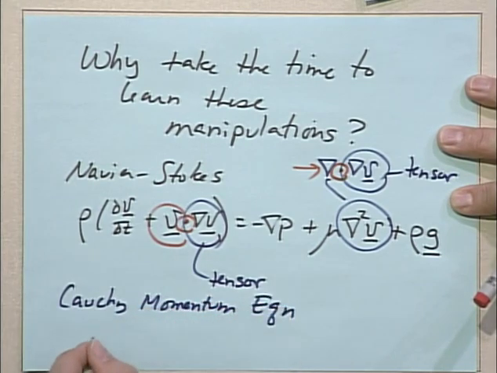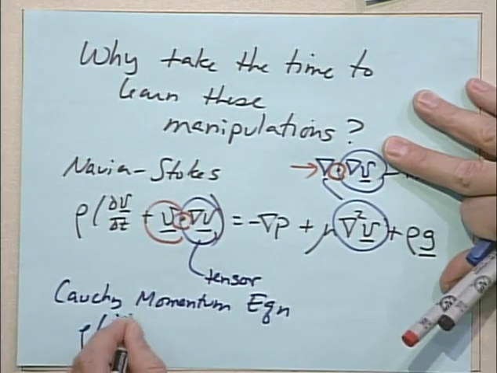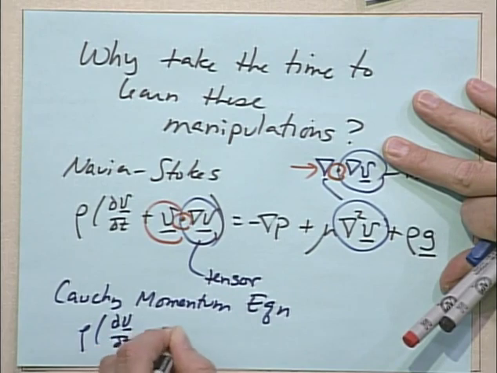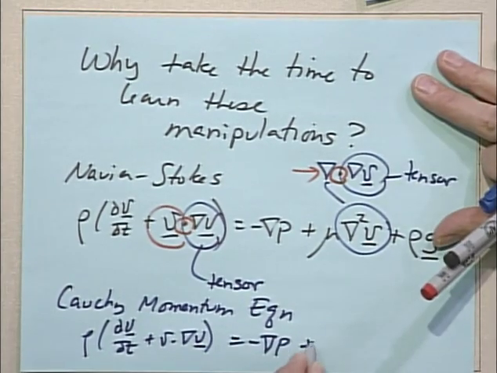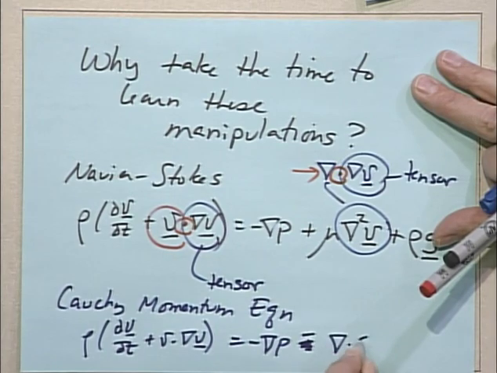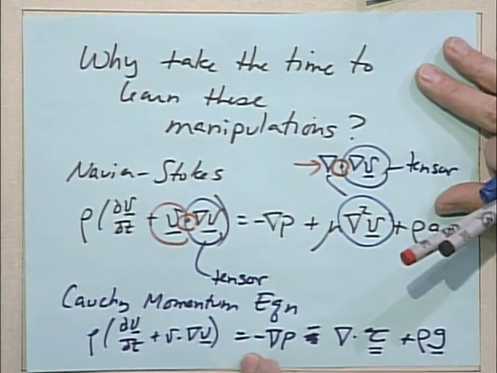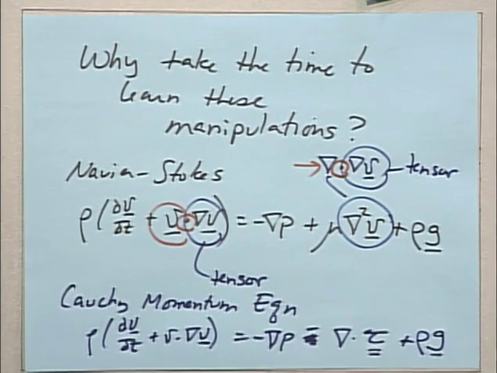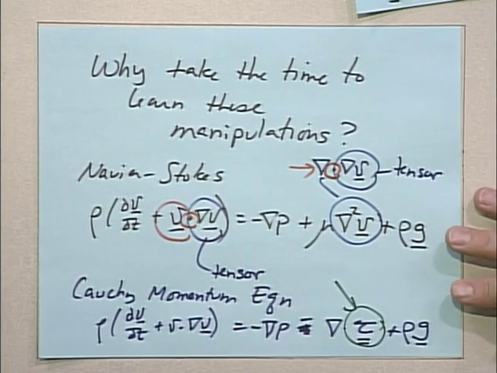The Cauchy momentum equation has the same left-hand side, but it has the stress tensor in it. Stress is, in fact, a tensor, and it appears in the momentum balance.